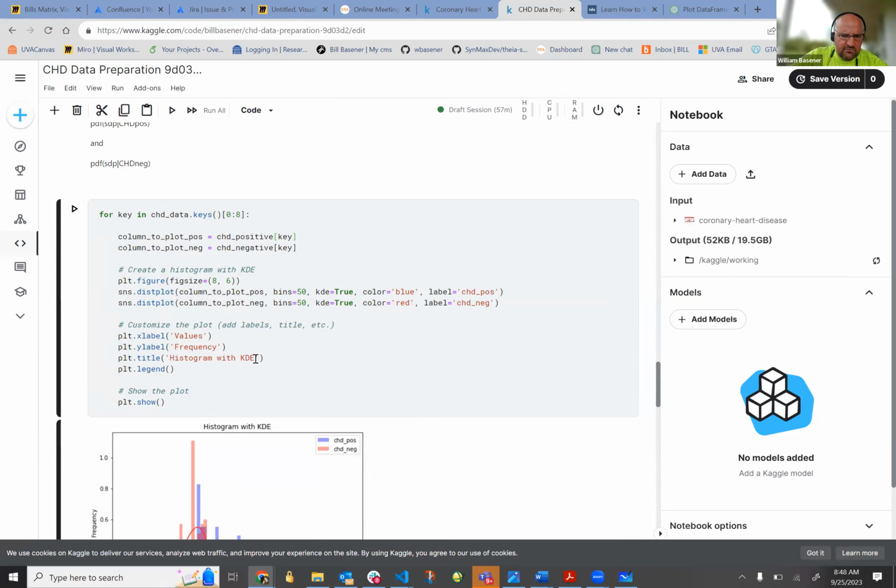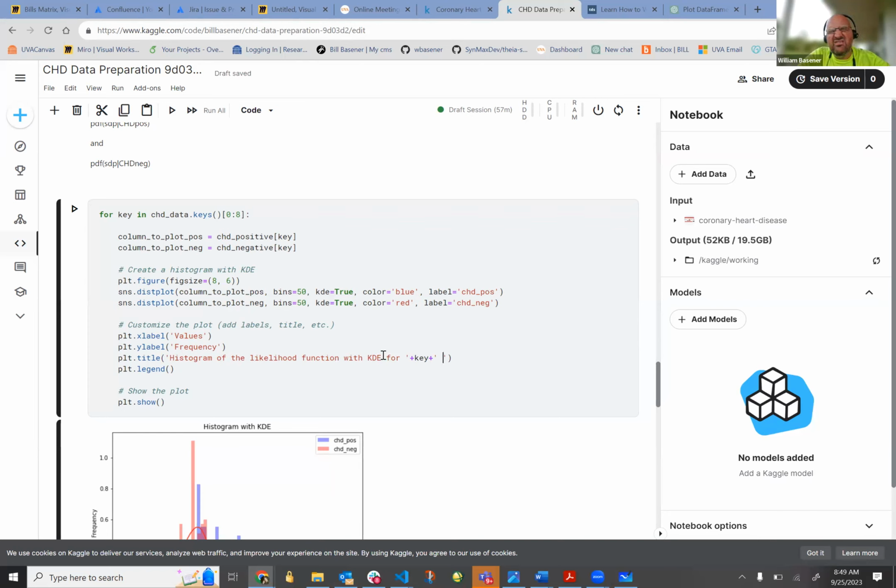And let's make the title histogram of the PDF, because we're going to think about it as a likelihood function with kernel density estimation for this variable.